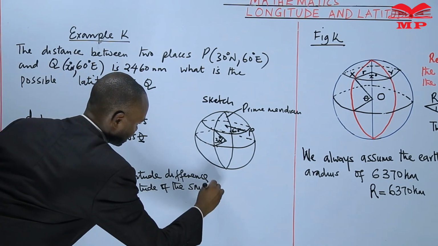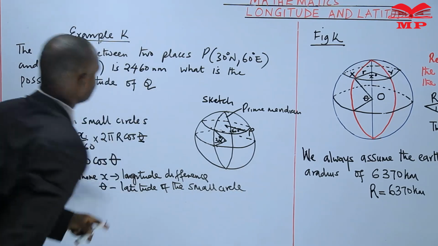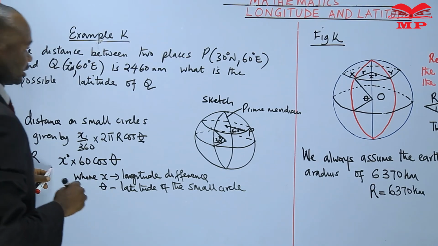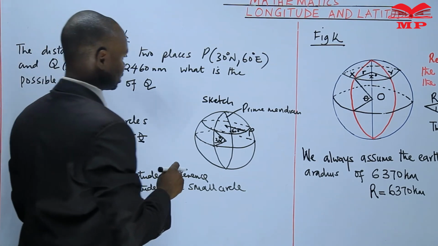So you watch that. Since in our question they are dealing with nautical miles, we shall not use the first one. We shall use the second one. In fact, x is the one they are looking for, the longitude difference. So what is the possible latitude of Q? We be careful.